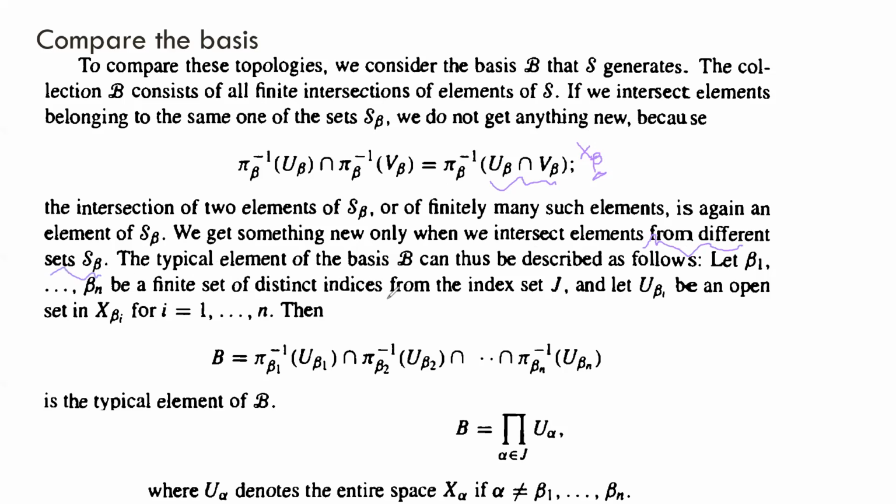So the typical element of the basis B can be described with a finite number of indices beta 1 to beta n, and for the other indices that are not in 1 to n, there are just whole spaces X, like for example X n plus 1.